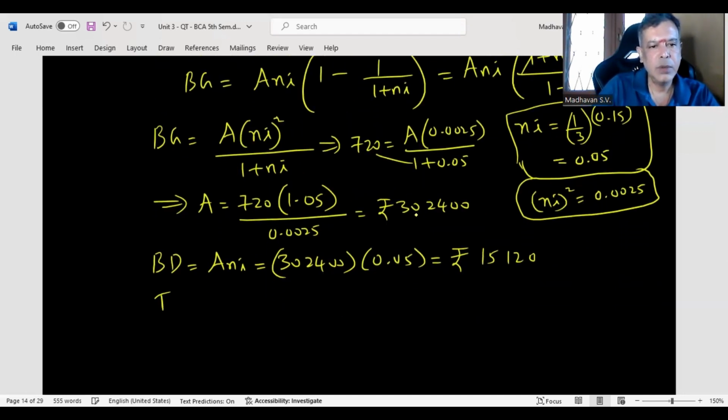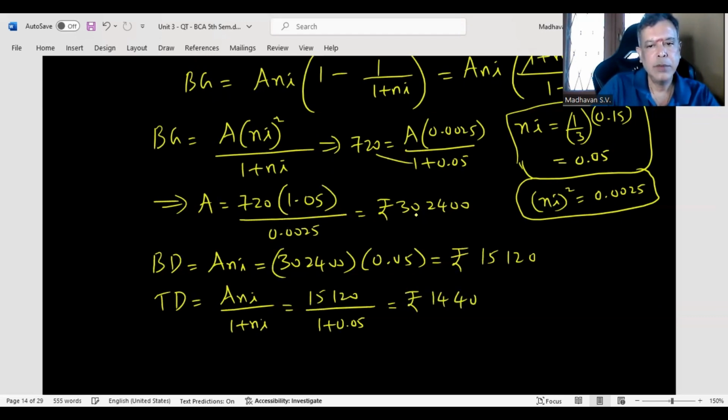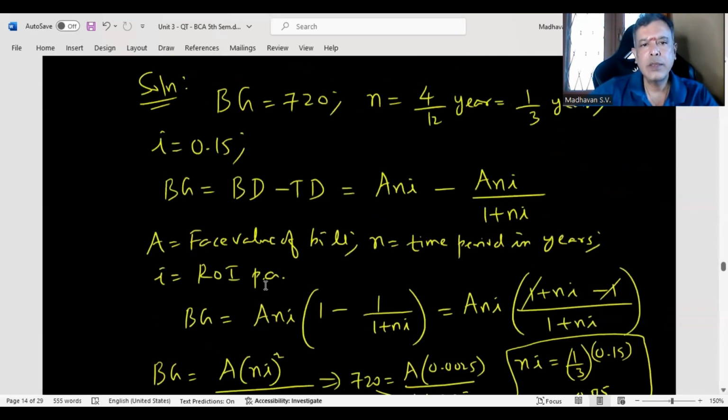Then true discount is ANI divided by (1 plus NI). ANI we just calculated as 15,120, divided by 1 plus 0.05. If we calculate that, we will get rupees 14,400.